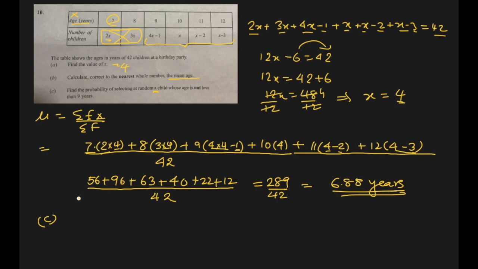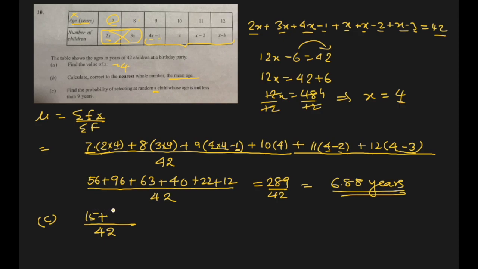So we can write it here. Total are 42, and the ones which are not less than 9, that means 9, 10, 11 and 12, we can add them. So 4 times 4, 16 minus 1, 15 is the 9-year-olds.